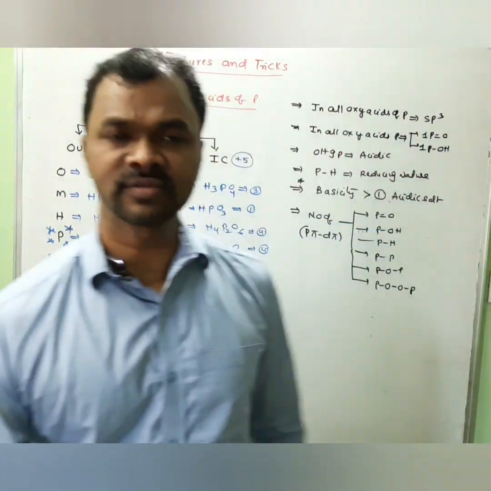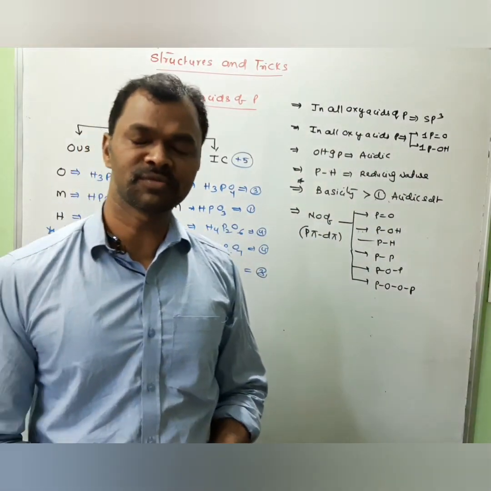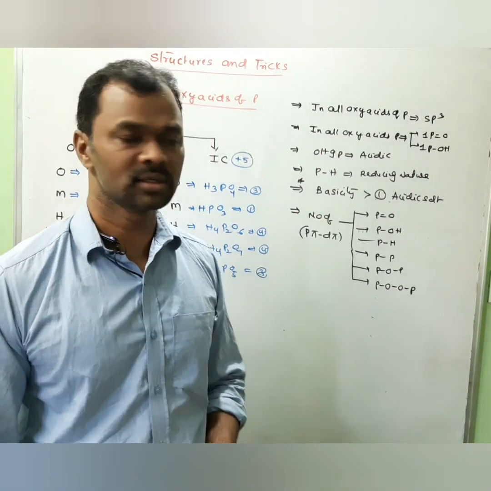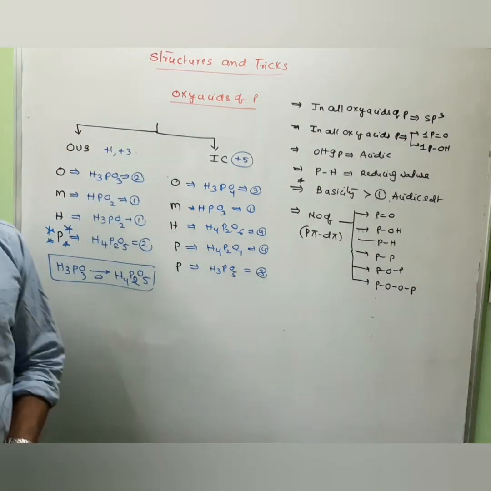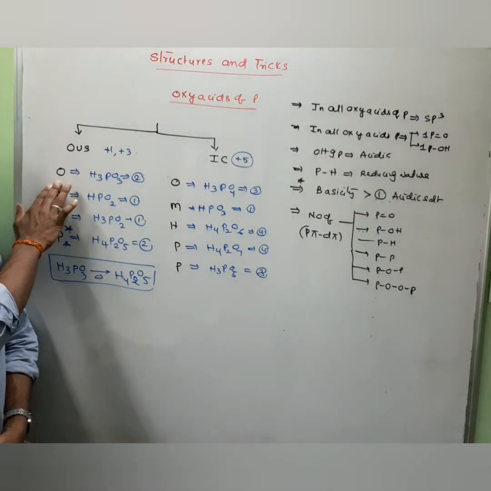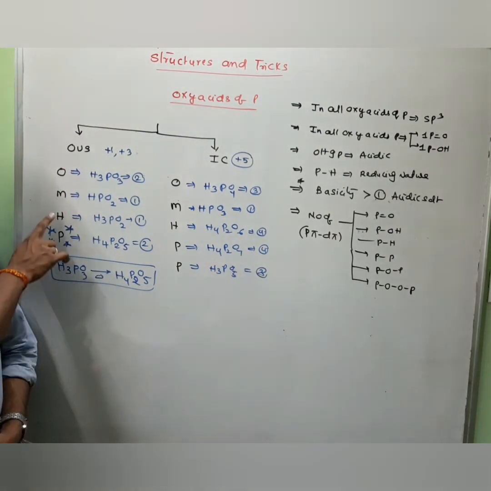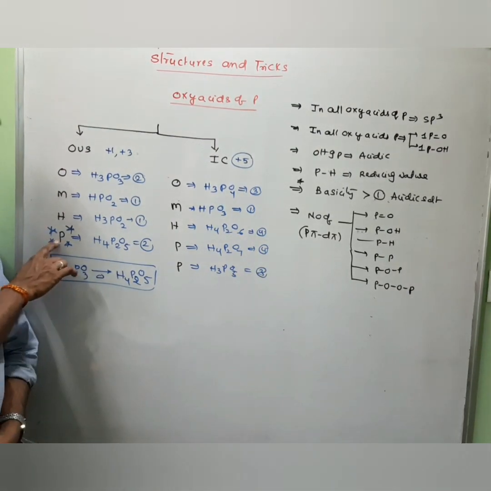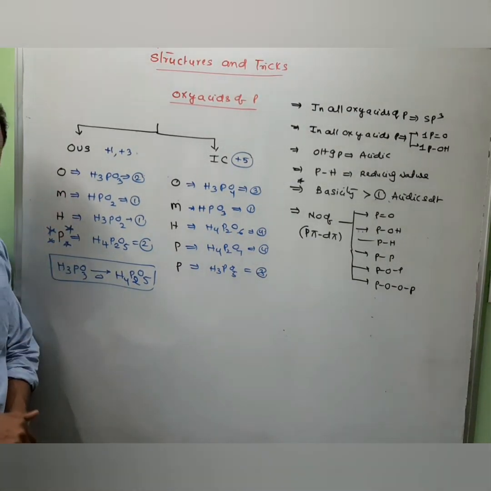Next one, if you observe, oxyacids of phosphorus. Phosphorus forms a large number of oxyacids, which we divide into -ous acids and -ic acids. In -ous acids: orthophosphorus acid, metaphosphorus acid, hypophosphorus acid, pyrophosphorus acid, remembered as OMHP.